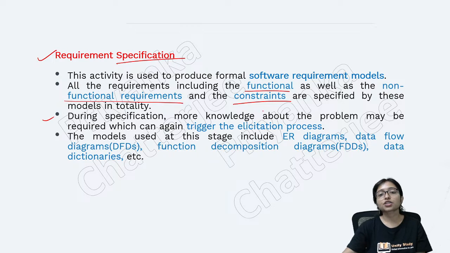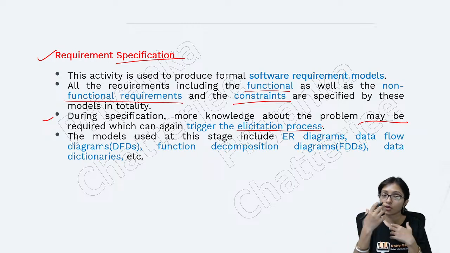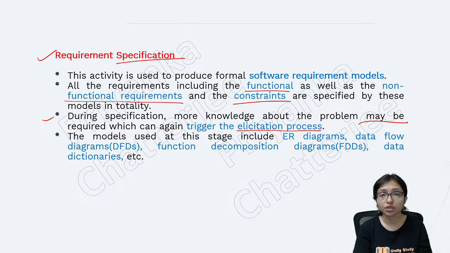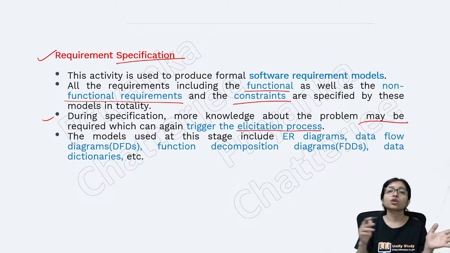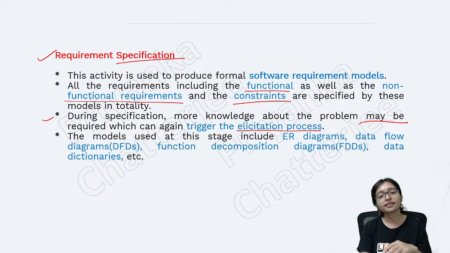Ultimately you are trying to frame the requirement properly. That is called requirement specification. During specification, more knowledge is triggered from the elicitation process. Whenever you are gathering requirements, more questions can come to you, like: is it like this? Are you trying like that? You ask your client, and then it becomes clearer to you.